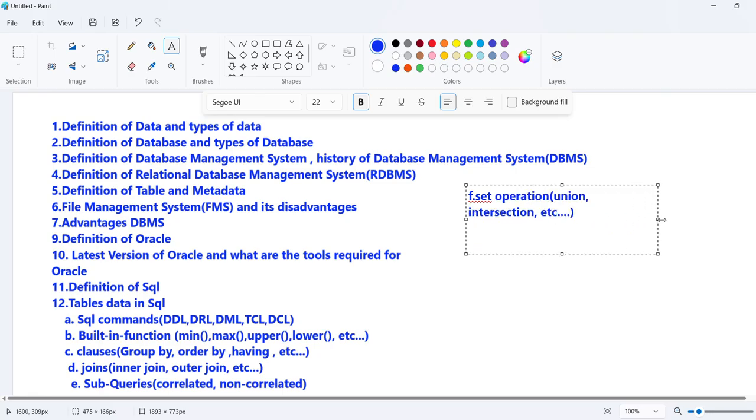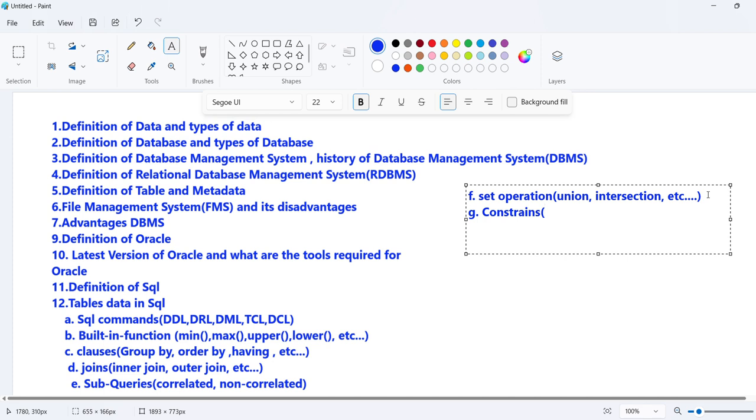Then we will discuss more topics that are included in the SQL syllabus, that are constraints in SQL.